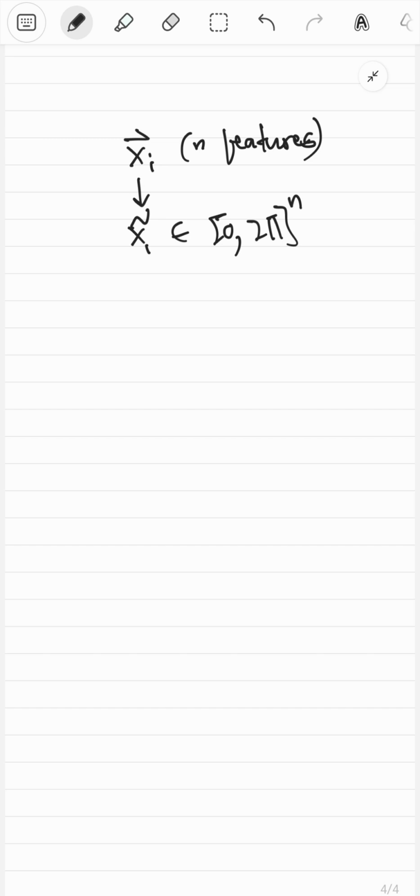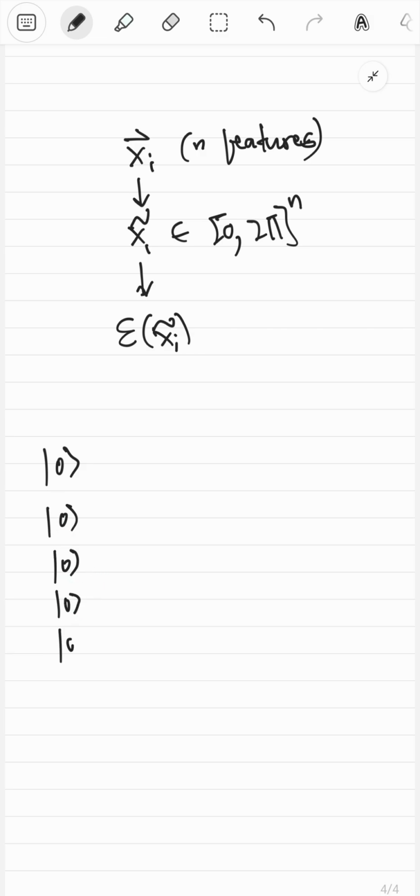Each feature is going to be like this, and then with this you create a quantum gate, let's call it epsilon xi tilde. What this does is it takes in some ket 0. So you have m qubits, all of them with the 0 ket as their initial state.